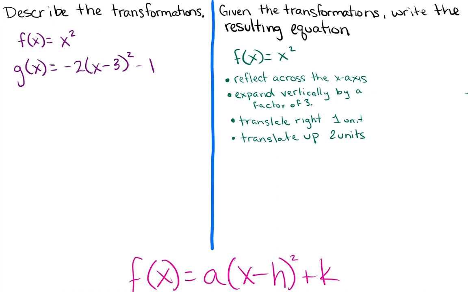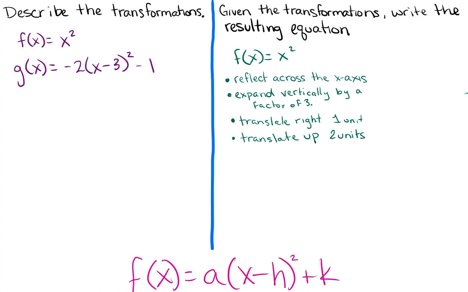Comparing that to my f of x equation at the bottom, that's an a value. So for a, I have a -2. I have a sign change and I have a value change.